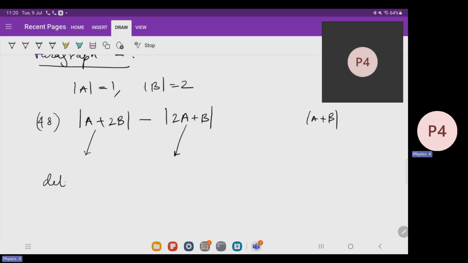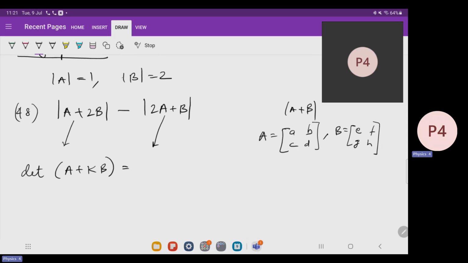So, generally, if you talk about determinant of A plus KB, if you take A as, let us say, A, B, C, D, and B is E, F, G, H. So what would be determinant of A plus KB? It would be A plus KE, B plus KF, C plus KG, D plus KH.